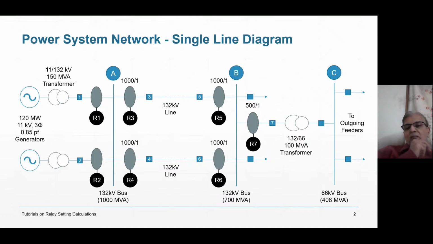So my setting for the instantaneous setting is turning out to be 4.93 ampere, but I have set at 2.6.